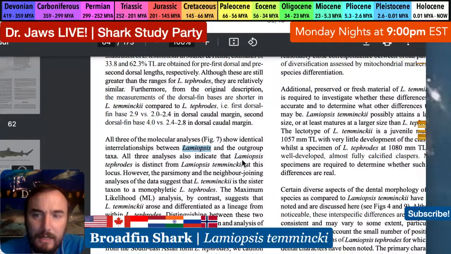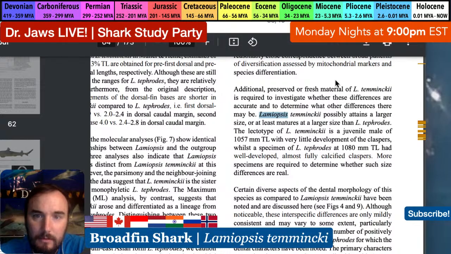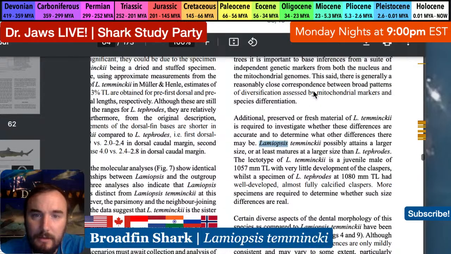All three analyses also indicate that Lamopsis tephroides is distinct from the broadfin shark at this locus. Additional preserved or fresh material for the broadfin shark is required to investigate whether the differences are accurate and determine what other differences there may be.